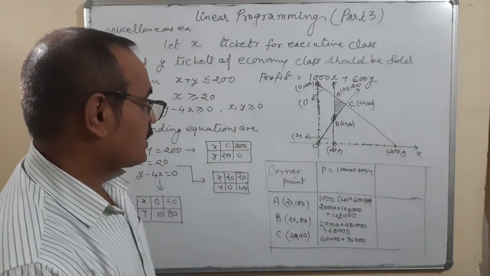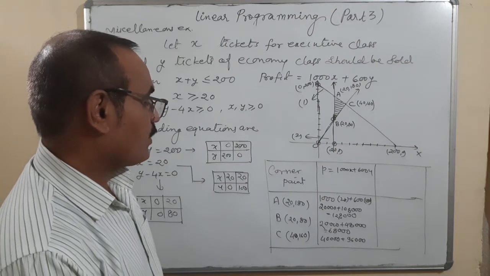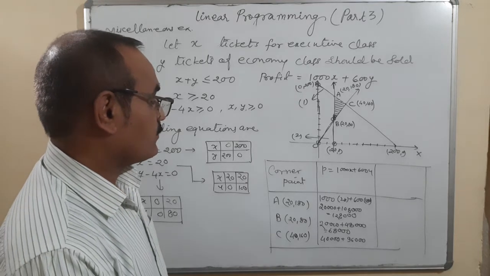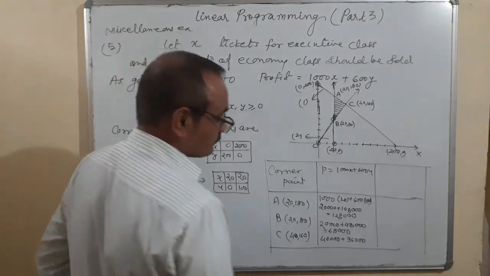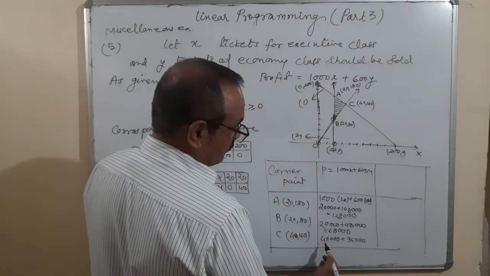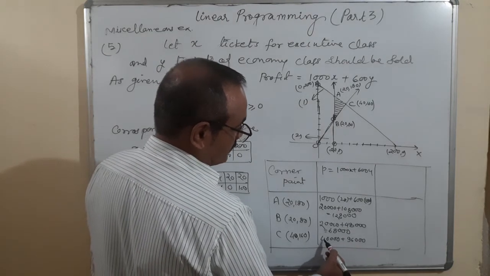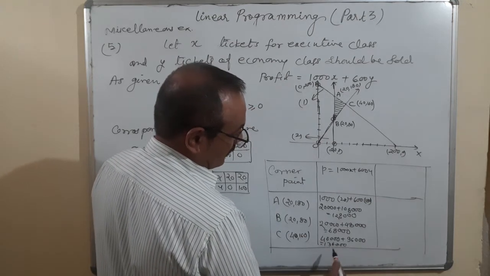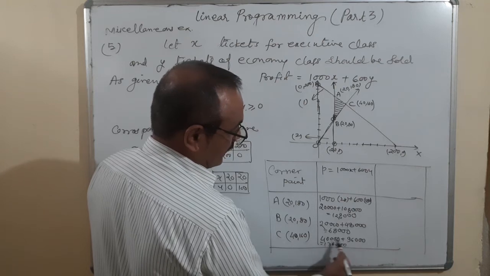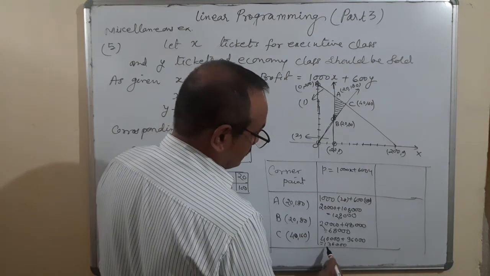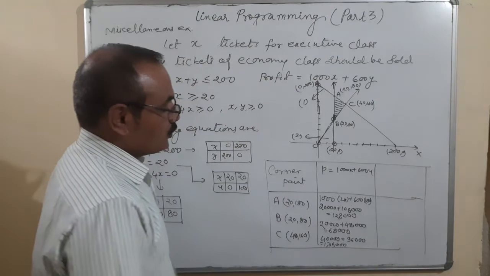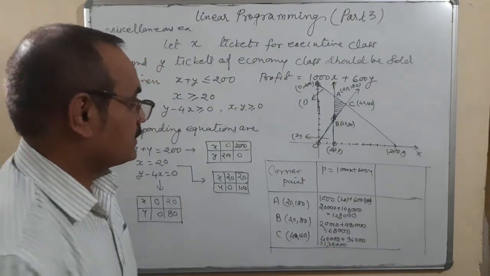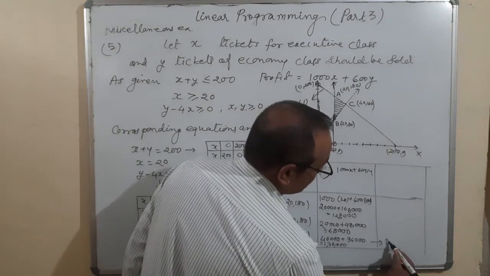So 96,000 plus 40,000, it is coming 1,36,000. So you will see that the maximum, among 1,28,000, 68,000, 1,36,000, this is maximum.